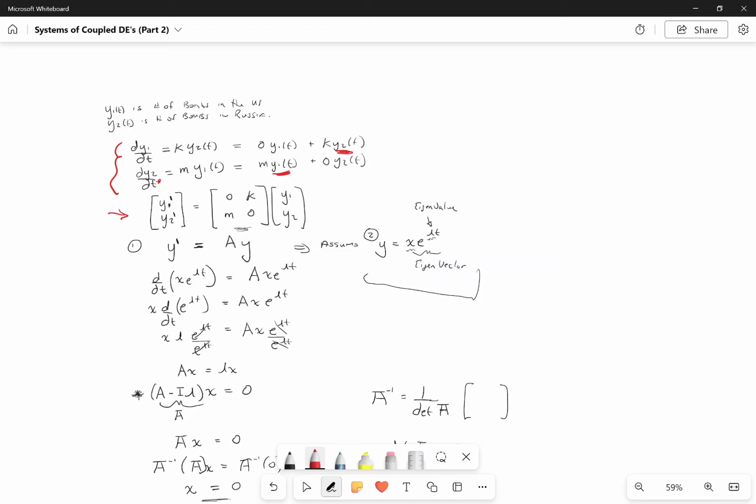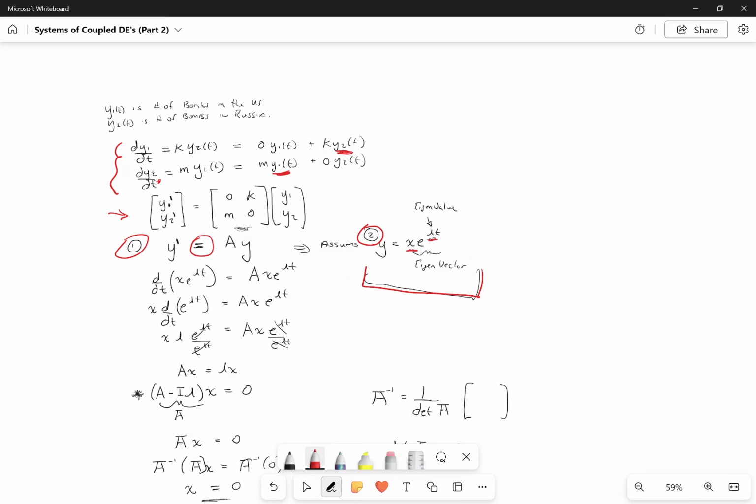We formed our matrices. We saw the form of our differential equation is y prime equals Ay. We assume the form of the solution as y equals x e to the lambda t. We sub this assumed solution into the equation, and then we see what x has to be and what the lambdas have to be in order to make this equality hold true.